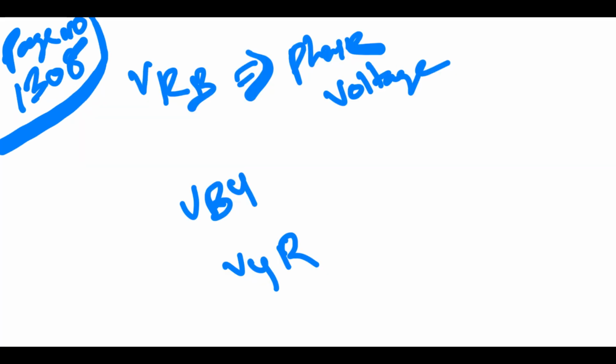VRB, VYB, VBY are line voltages, and VRN, VYN and VBN are phase voltages.